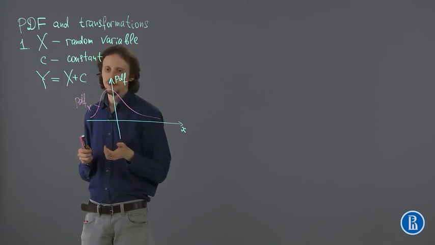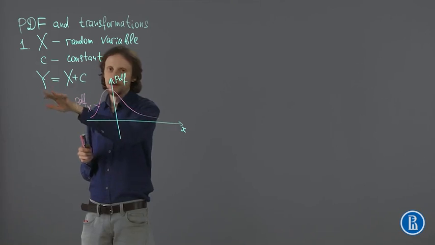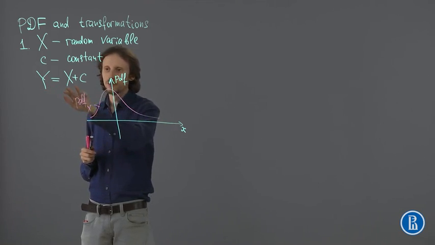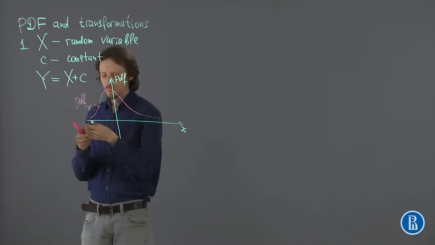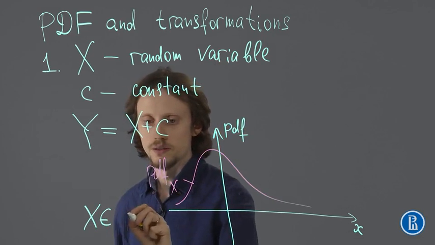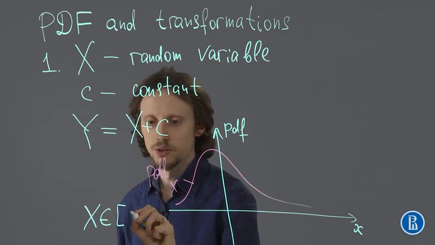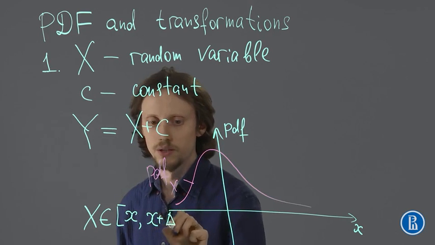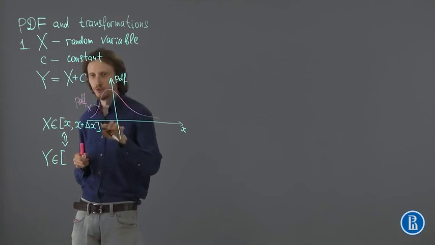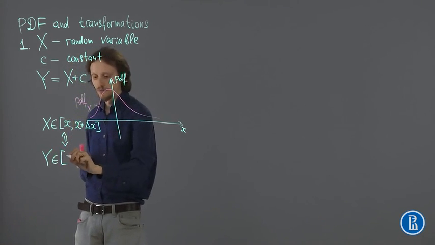We have to consider an event that y lies in some segment. How is this event connected with a similar event for x? Let us check. If x is in some segment from x to x plus delta x, then it means that y is in a similar segment but shifted by this c.